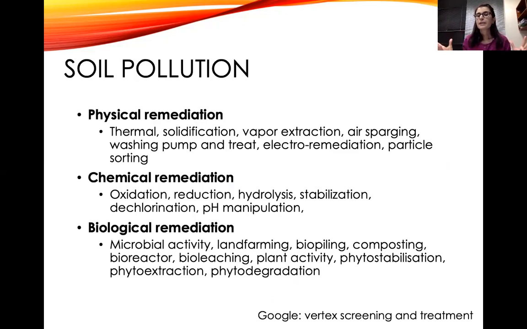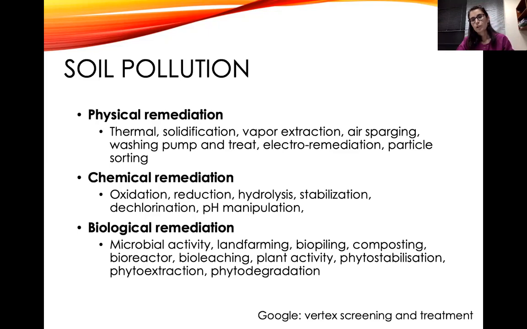But there are different kinds of ways in which you can treat soil pollution. And they can be physical. So for example, you just use a simple thing to contain it, or an electromagnetic plate to just be there and take that hydrocarbon out. Or it could be chemical, where you're using certain kind of chemicals or certain kind of conditions for reactions to take place chemically, or you're manipulating the pH as we had studied before.